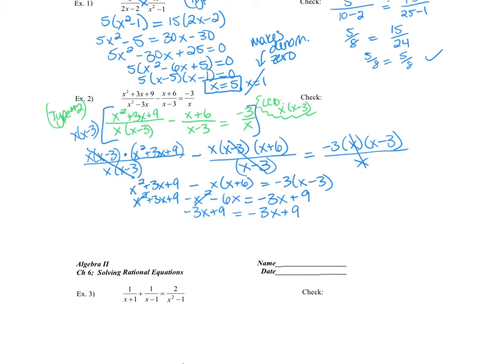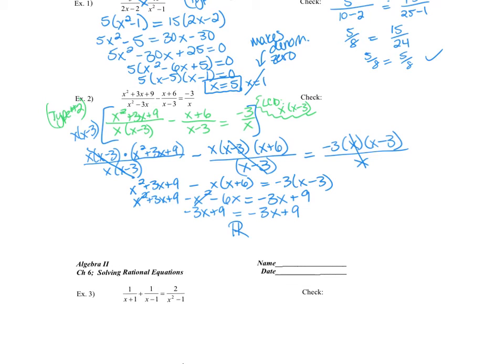the right. At this point, because the left side equals the right side, we're going to have all real numbers as our solutions. However, we still need to see if there's any restrictions, anything that will make the denominator equal 0, because those will be extraneous solutions in this case.